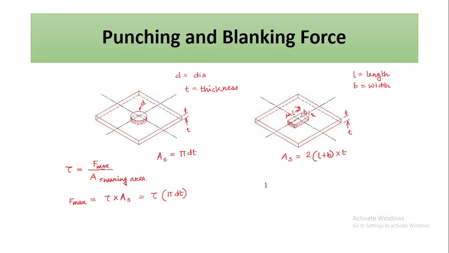Similarly, in the rectangular case, the maximum shearing force required can be written as tau into the shearing area, where the shearing area is 2 into (L plus B) into T.